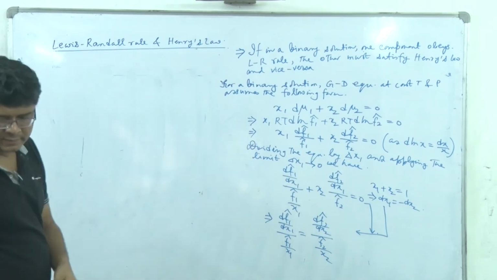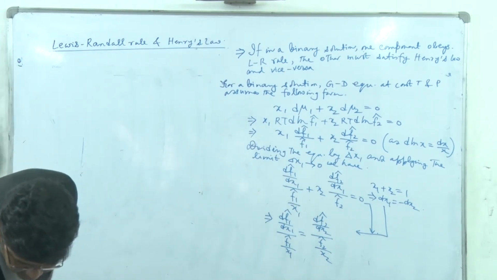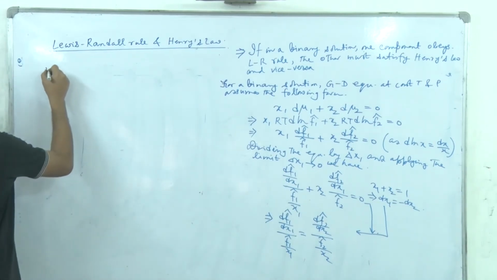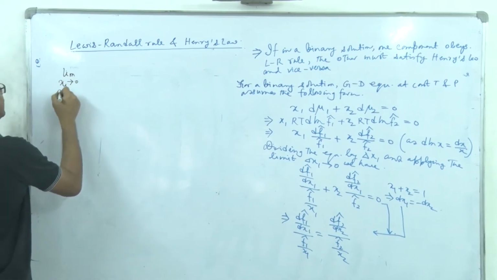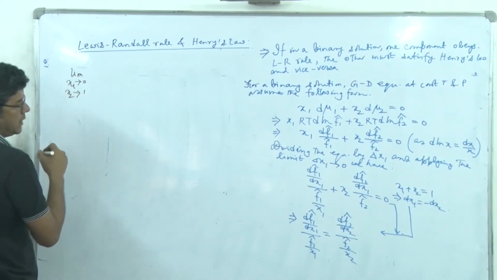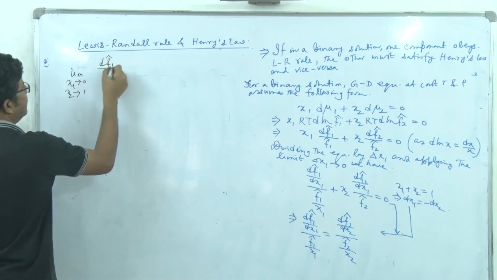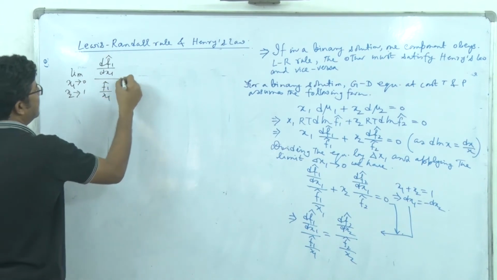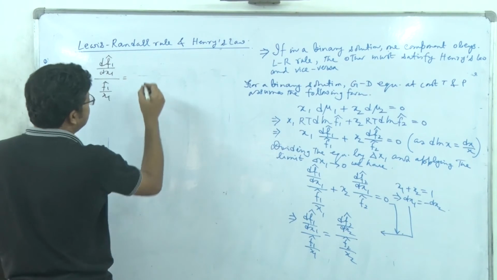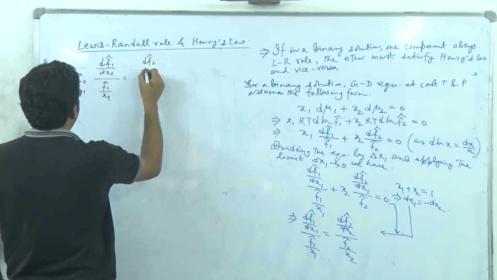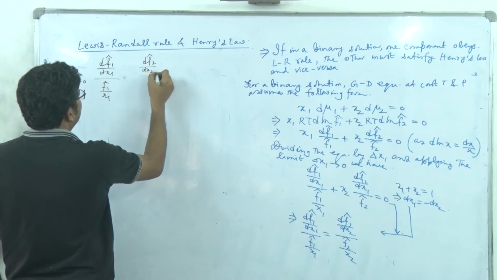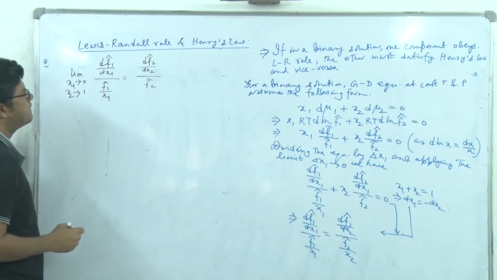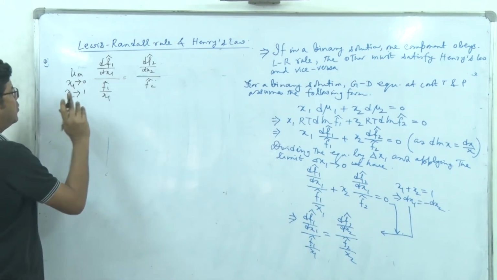So you see that let's put a limiting condition that limit x1 tending to 0, x2 tending to 1, df1 cap dx1 by f1 cap by x1 is equal to, here it will be df2 cap dx2 divided by this f2 cap, right, as x2 is 1.